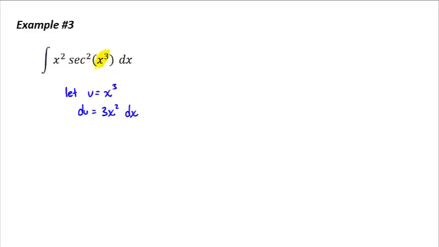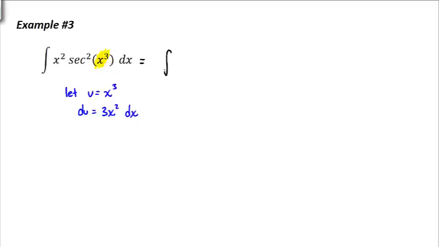So we can use one of our antiderivative properties to help us rewrite this a little bit. If you remember, we're allowed to pull constants out in front of the integral because it doesn't change the value of the integral. We can also use that fact to do this little trick. I don't want to change the value of my antiderivative, but I want to change the way it's written.